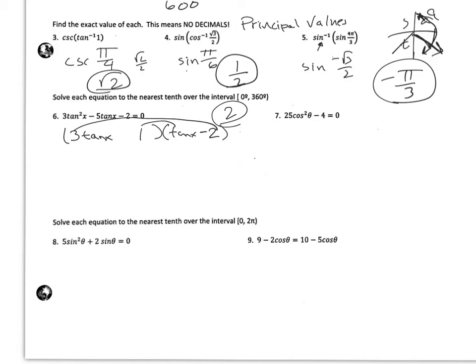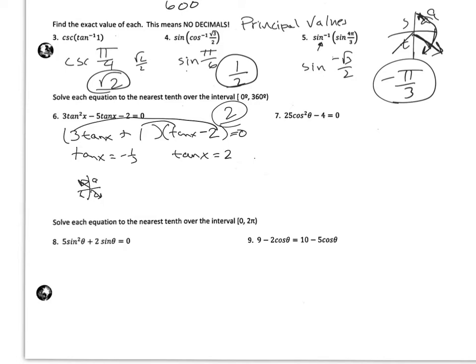So I want the 6 to be negative, the 1 to be positive. So we get the tangent of x equals negative 1/3, and the tangent of x equals 2. Now remember, these are not unit circle values, so that's not something you should know. So the tangent is negative in the second and fourth quadrant.